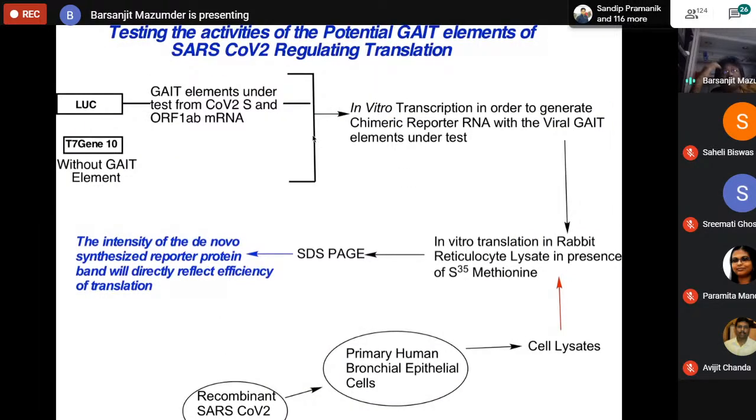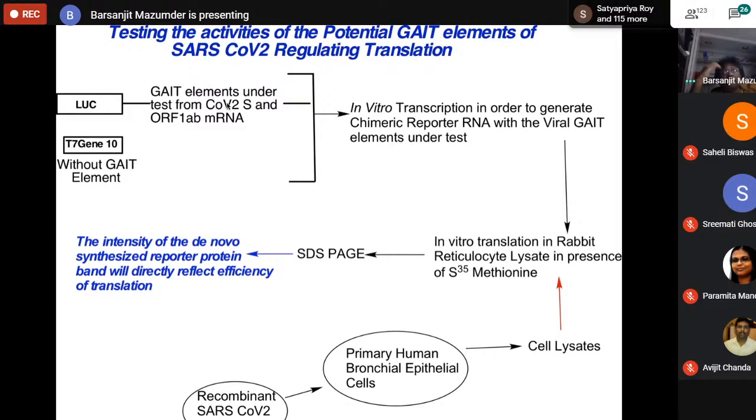We also generated the control RNA without the GAIT element, which must be there at the same time. Then we in vitro transcribed these to generate the chimeric reporter RNA with the luciferase and the GAIT element.